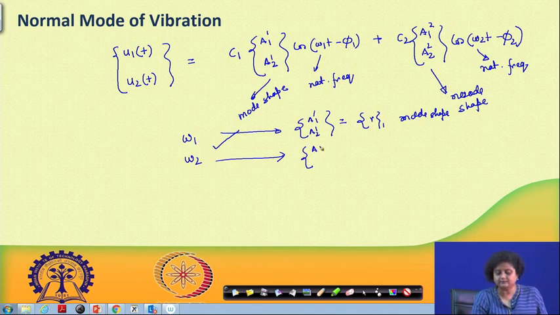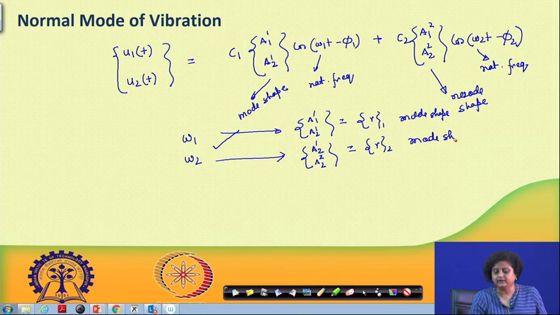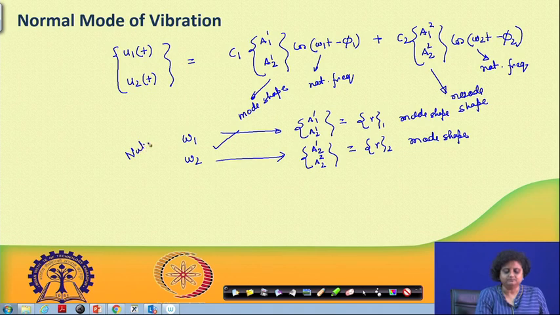Similarly, for the natural frequency omega 2, I will get A12 and A22, which I will abbreviate as R2, and this is another mode shape corresponding to the natural frequency omega 2. Okay.